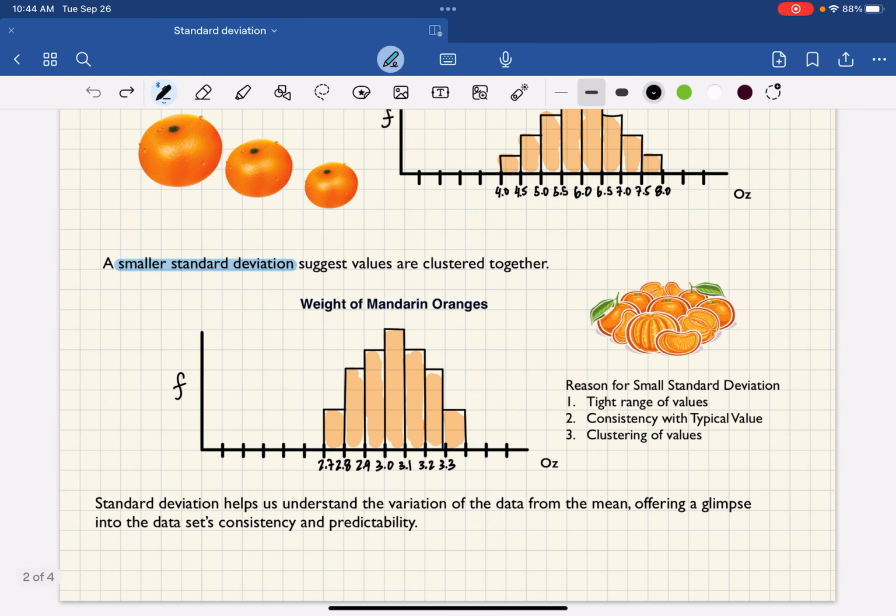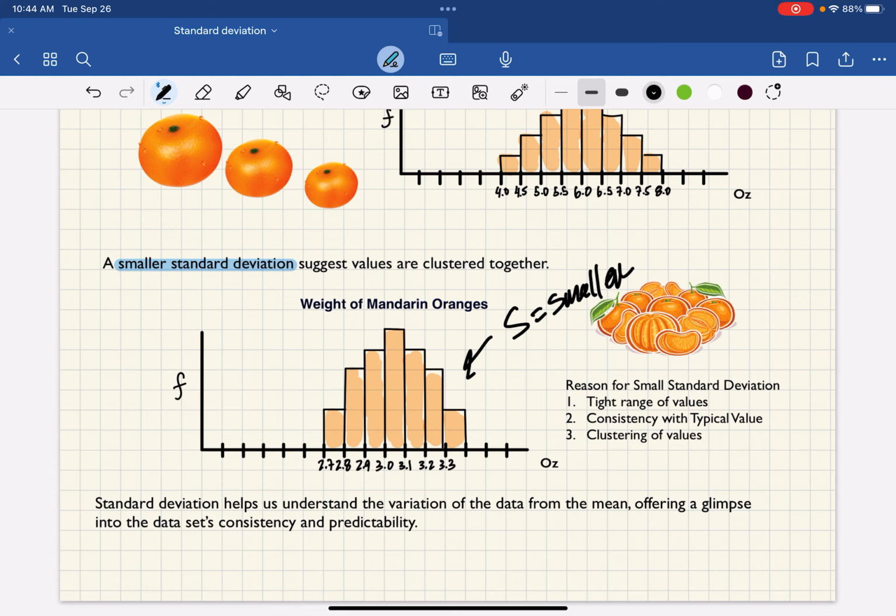So to end this, the standard deviation helps us understand the variation of the data from the mean, offering a glimpse into the data set's consistency and predictability. If the standard deviation is small, or smaller compared to something else, then we know that we can sort of predict the taste and maybe the weight of the fruit.